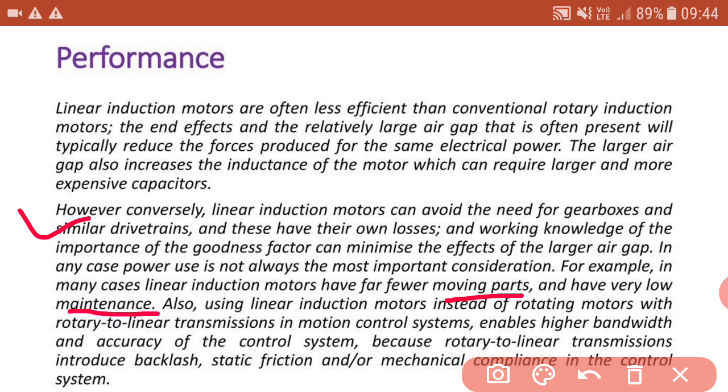Also, using linear induction motors instead of rotating motors with rotary-to-linear transmissions in motion control systems enables higher bandwidth and accuracy of the control system, because rotary-to-linear transmissions introduce backlash, static friction and mechanical compliance in the control system. So this is one example.